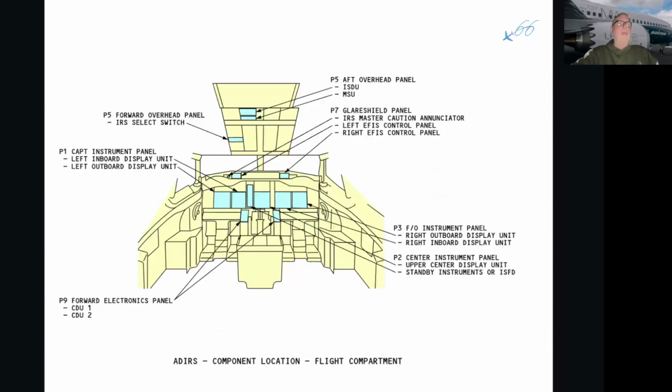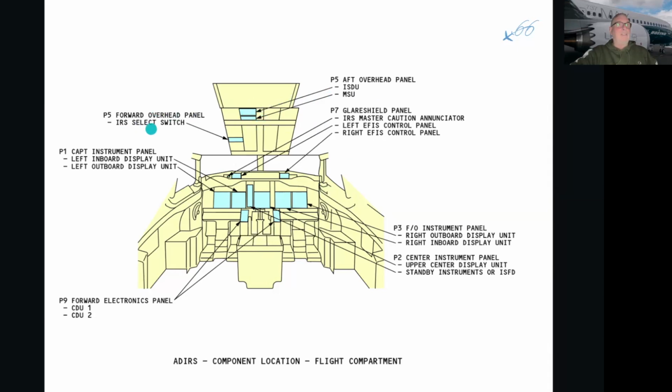In terms of the location of the components, mainly the displays is where all the navigation information is going to be displayed. Okay, and then the ISDU and the MSU up here on the P5.